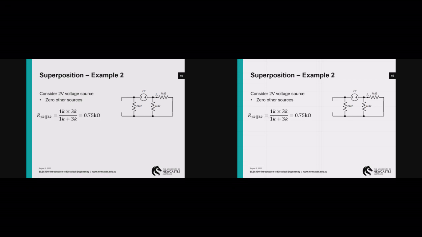So if I start with that 1 kilo ohm and 3 kilo ohm resistor, I can work out their equivalent resistance, which is just 1 times 3 divided by 1 plus 3, which is 0.75 kilo ohms. So that's suggesting that those 2 resistors there could be replaced by a 0.75 kilo ohm resistor.